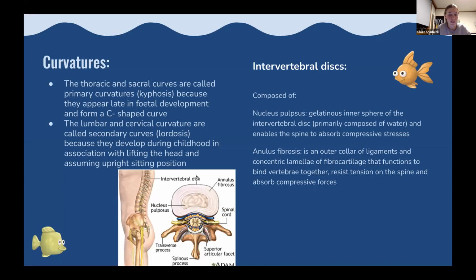If this wears out over time, this can cause a lot of pain. And you'll also learn that there are a lot of clinical conditions relating to this. For example, if a tear in the annulus fibrosus occurs, then the nucleus pulposus can leave and push on the spinal cord, or the nerves leaving the spinal cord. So there are a lot of different things that can affect this clinically.